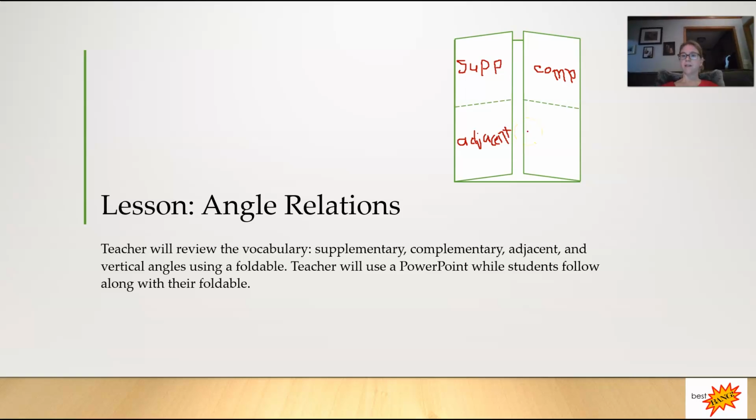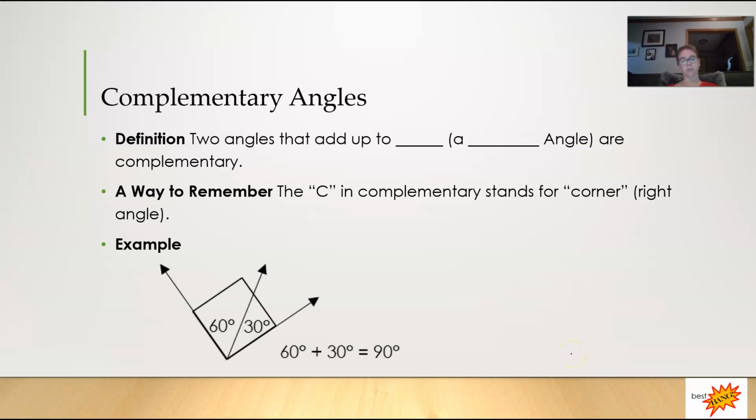And finally, maybe my finger will work better. It's a little better, not much though, huh? And then finally, vertical here. Sorry about that. So then you'll have those 4 spots that we'll be able to put information.